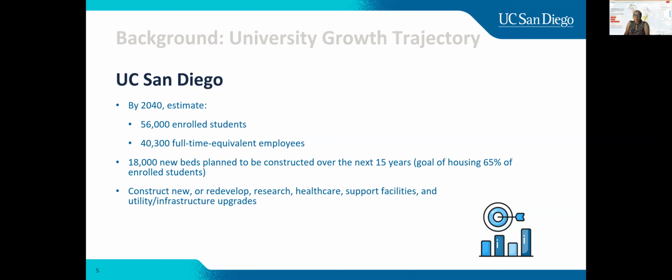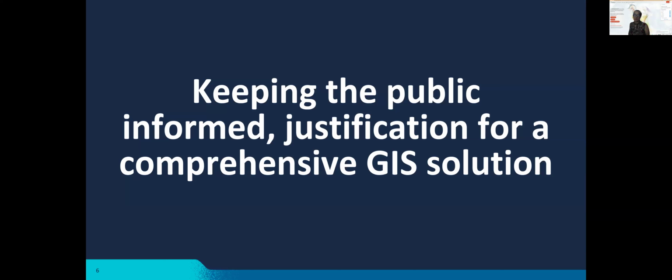The goal is to be able to house 65% of students, and we currently have 18,000 new beds planned to be constructed over the next 15 years. On top of that, we're going to be building support structures and facilities, or redeveloping research, healthcare, and utility infrastructure upgrades. So there is a lot going on.